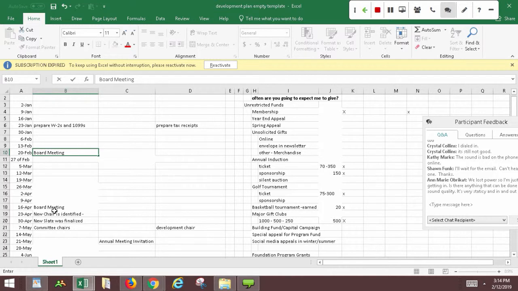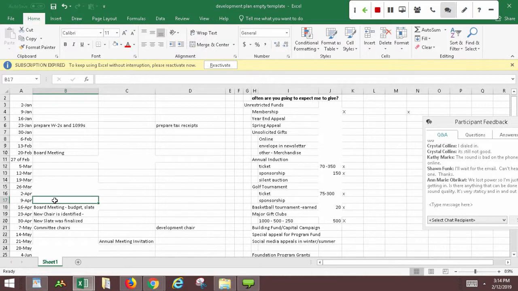This April board meeting is when I would have had to have had budget prepared. And a slate, which means that an executive director is probably working 10 to 12 hours a week for the previous 3 weeks on budget prep.